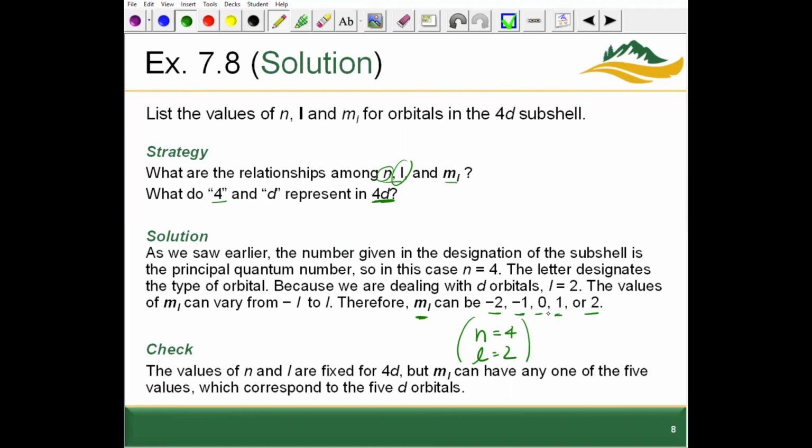Then all of these possible numbers represent different placements of the electrons. What does that mean? Well, L equal to 2, we're dealing with a d orbital. Let's go back and look at all the possible shapes of the d orbitals. Given that m sub L we just figured out can be 5 different possible values, how does this make sense based on what we know about d-shaped orbitals?